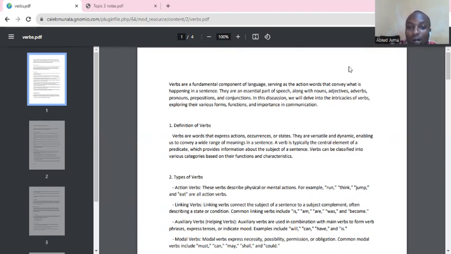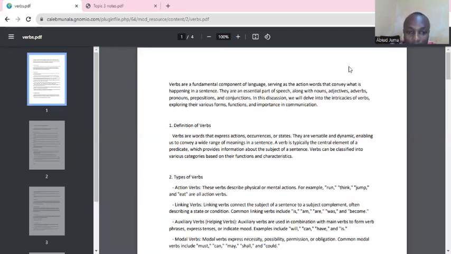Verbs are an essential part of speech, along with nouns, adjectives, adverbs, pronouns, prepositions, and conjunctions, some of which we have discussed and some we are yet to discuss. In this discussion, we will delve into the intricacies of verbs, exploring their various forms, functions, and importance in communication.